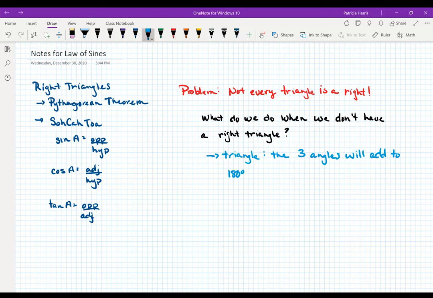Okay, so that's still true. Now, the other thing though is we don't have Pythagoras anymore. We can't use it. Okay. We don't have SOHCAHTOA, opposite over hypotenuse, things like that. We cannot use that anymore. Okay, but we can use what's called the law of sines and law of cosines.